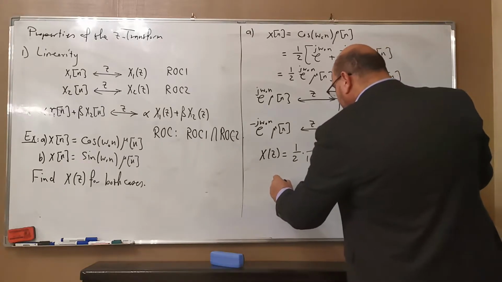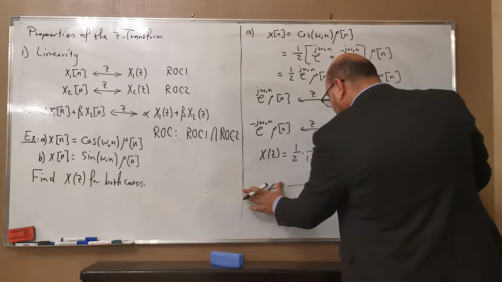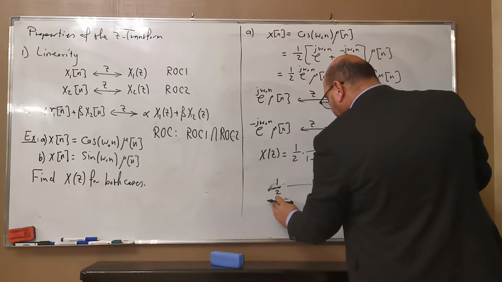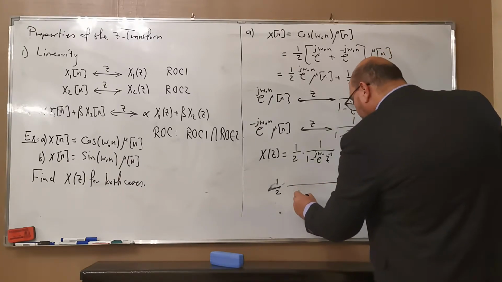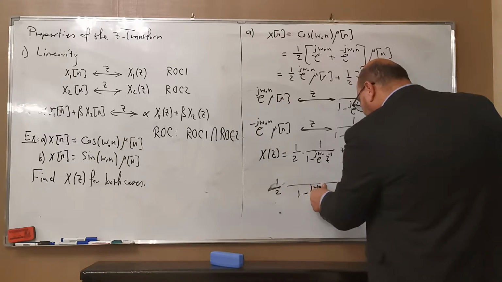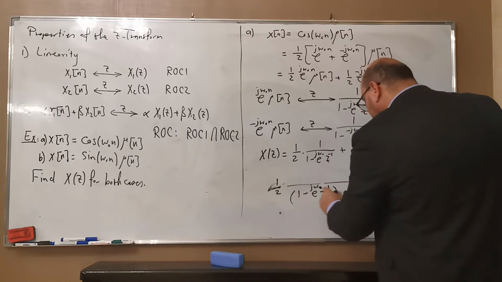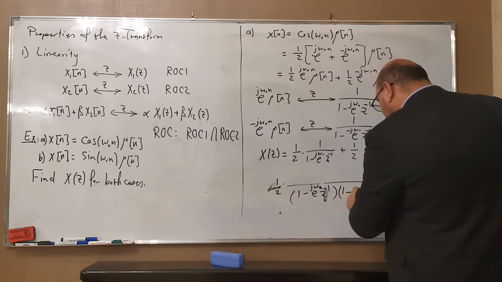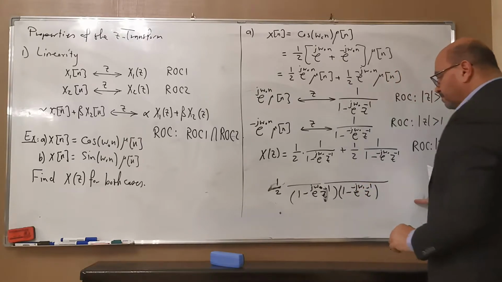Okay, I'm gonna do this as a summation. You have 1/2 outside from both of them. Now I'm gonna combine those, so (1 minus e to the j omega 0 z inverse) times (1 minus e to the minus j omega 0 z inverse).